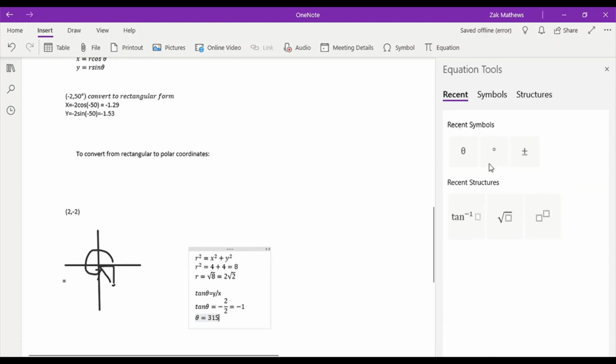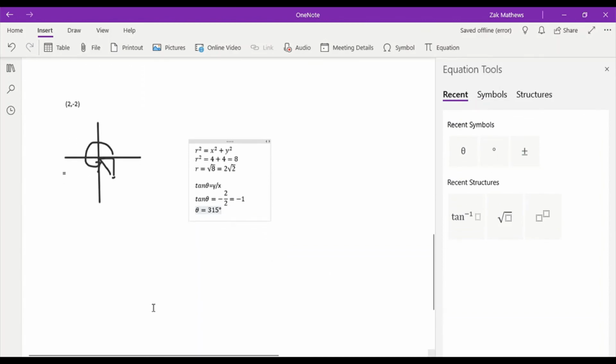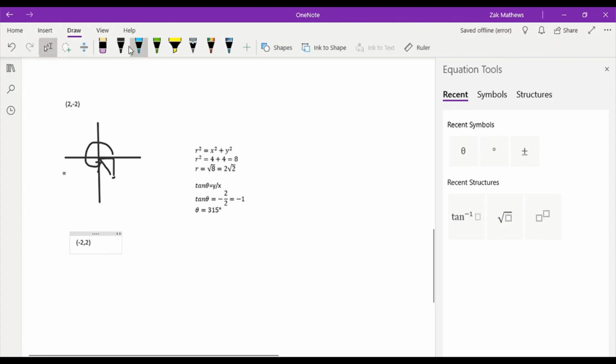But that does bring up a good point, that if I had had the point negative 2 comma 2, we'd set up everything the same way. We'll get the exact same r value. That won't change. We would say that, hey, when I take the inverse tangent, I would get negative 45, but the thing to keep in mind is that negative 2, 2 is actually in the second quadrant.